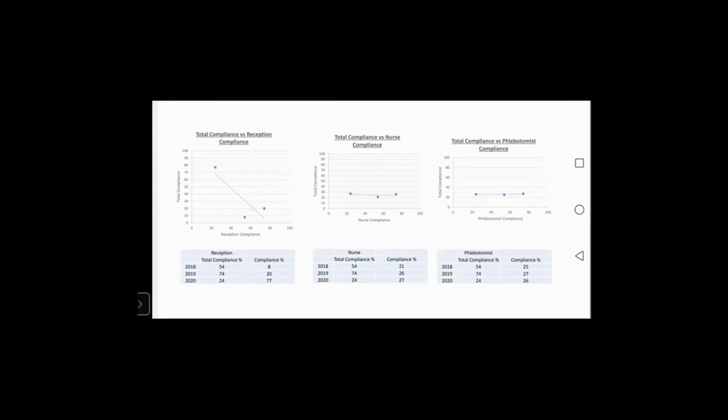Okay. Let me tell you something. When we are making a scatter diagram, as I told you, we are trying to find the relation between two variables.